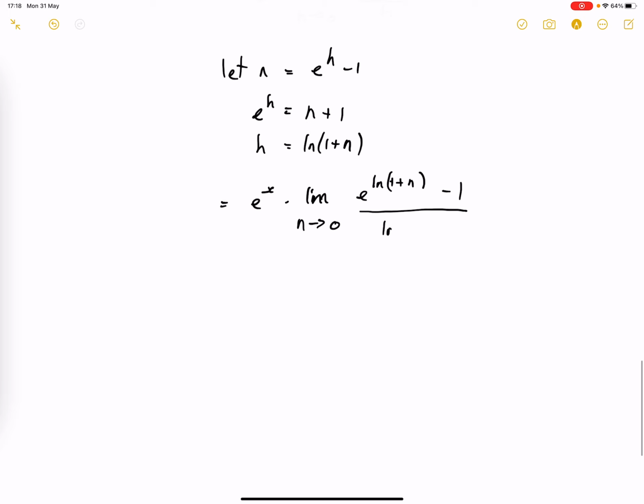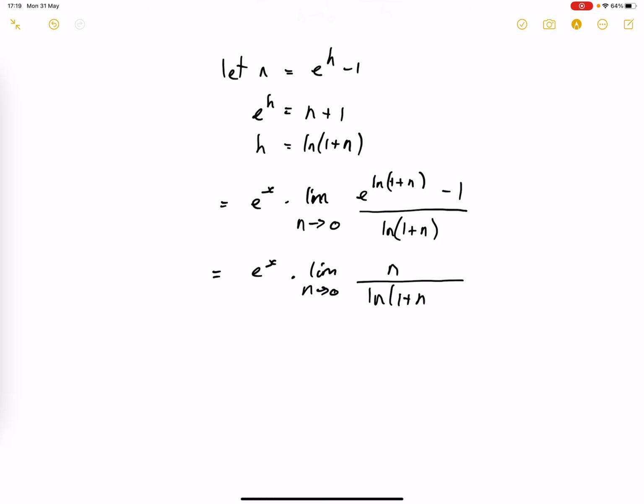That will be equal to e to the x times the limit as n tends to 0 of, e to the ln is just 1, so I just take the power down, so that will be 1 plus n minus 1, which is just n on the top, over ln of 1 plus n.